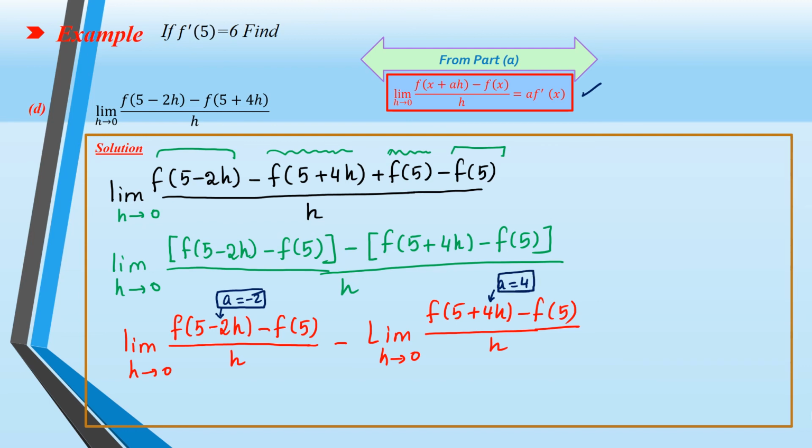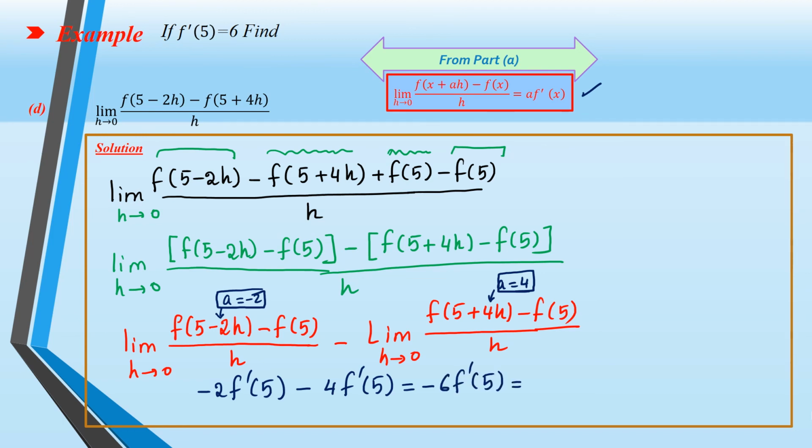So using part A, you will get -2 f prime of 5 minus 4 f prime of 5, and -2 minus 4 equals -6 f prime of 5.